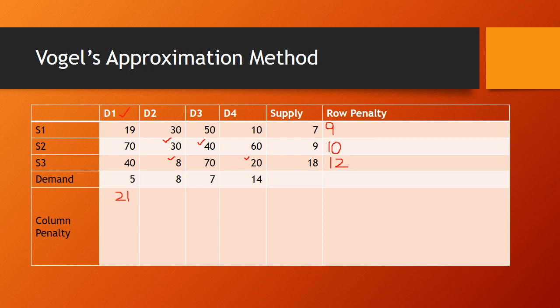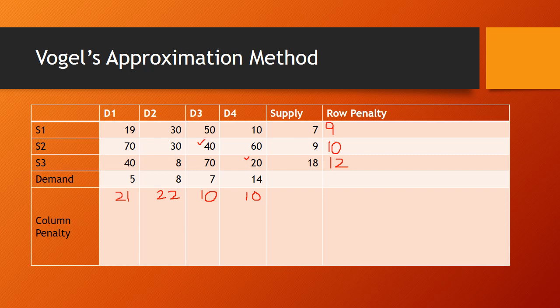Coming to the second column, 30 minus 8, where 30 is the second least and 8 is the least, so it will be equal to 22. So 22 is the penalty of this. Now coming to the next one, 50 minus 40 will be the penalty here, which is 10, and the last one is 20 minus 10, which is equal to 10. In this way we will find all the penalties of rows and columns.